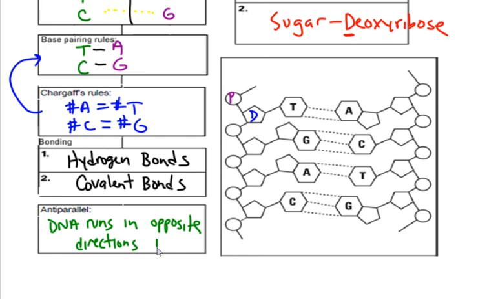So essentially, when we look at our 2 strands, one strand looks like it's going one direction, the other strand looks like it is going the opposite direction. So what I mean by that, when we look at our diagram here, with anti-parallel, we would say that this runs in a 5 to 3 direction.